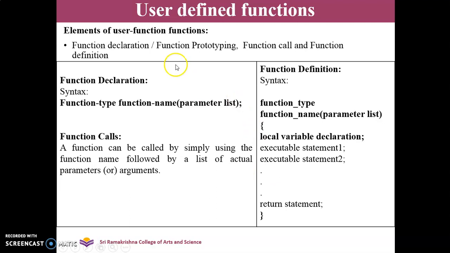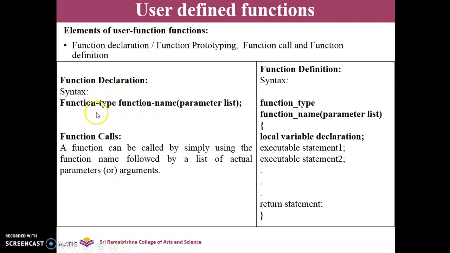There are three important elements in user-defined functions. The first is function declaration or function prototyping, the second is function call, and the third is function definition. Function declaration, or function prototyping, is used to tell the compiler about the function name, return type, and parameters.